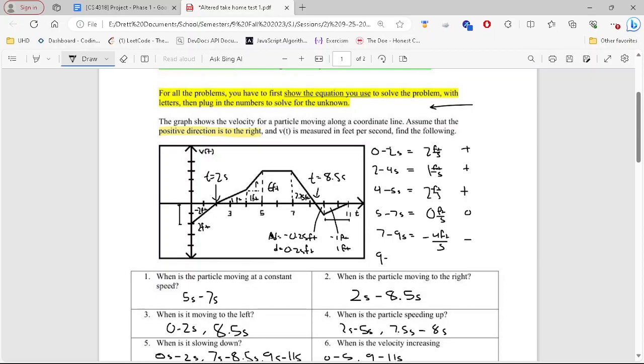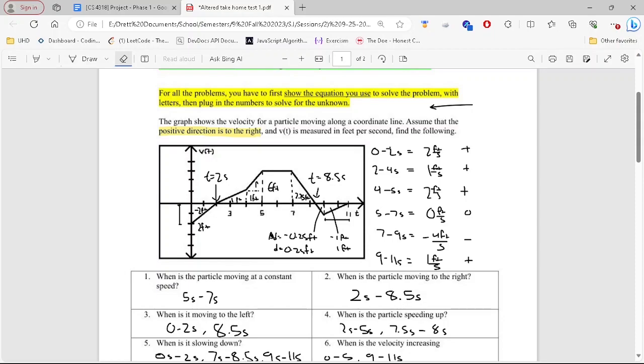So from 9 to 11 seconds, the final velocity is 0. At 9 seconds, the initial velocity is negative 1. So 0 minus negative 1 becomes 0 plus 1, so that'll be 1 foot per second, which is positive. So when is its acceleration positive? These time periods right here.